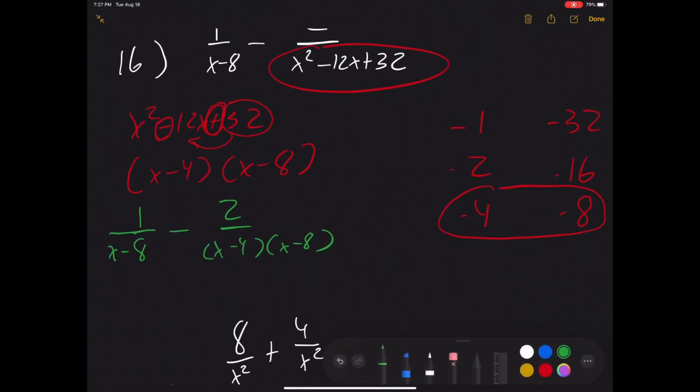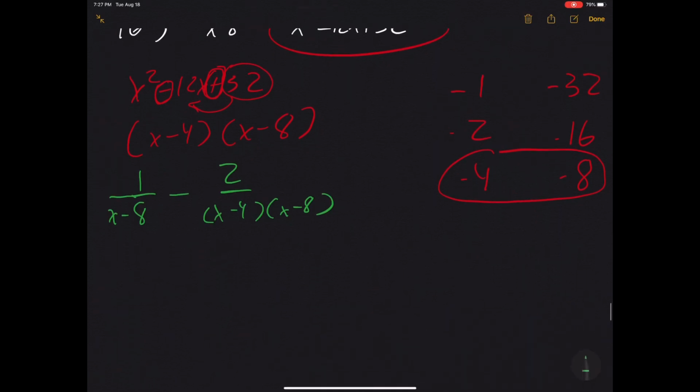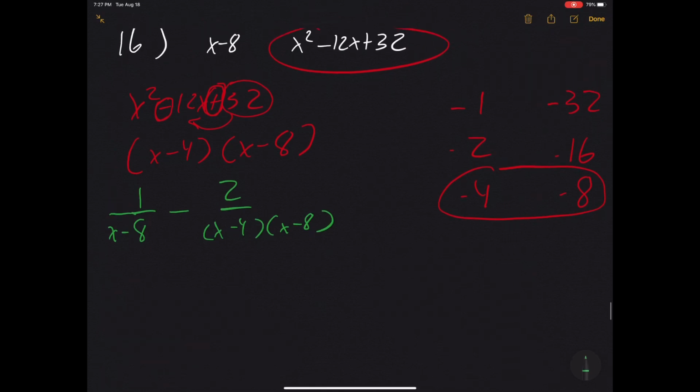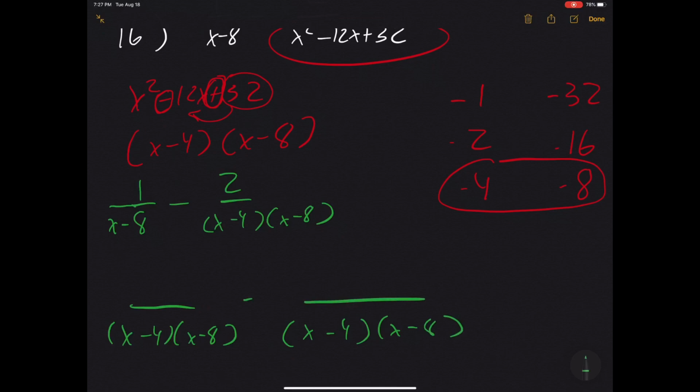And I do need some space. And so we see here that our common denominator is clearly going to be x minus 4, x minus 8. We have a minus sign. And we say, which part of that is this piece missing?